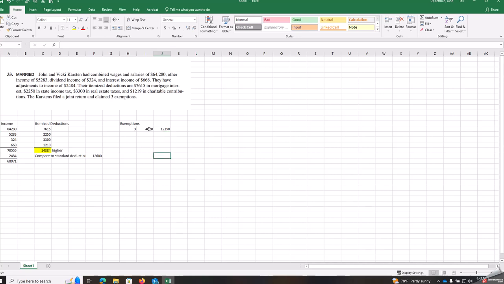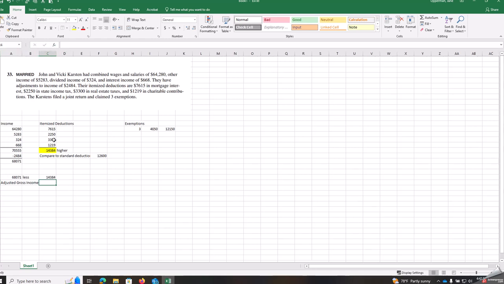So then if we come down and put those all together, we've got $68,071 of adjusted gross income. Then we're going to subtract the $14,384, which is our itemized deductions.